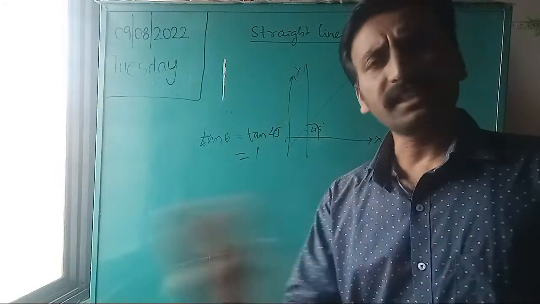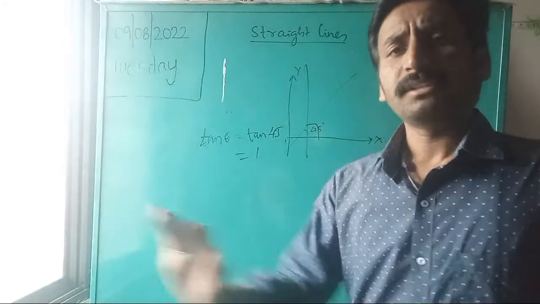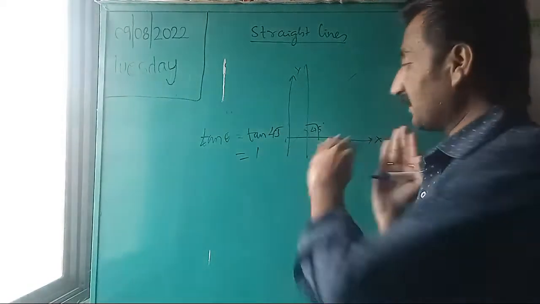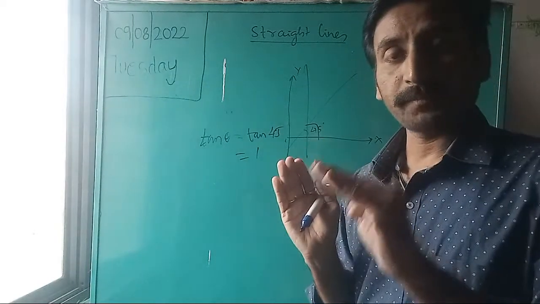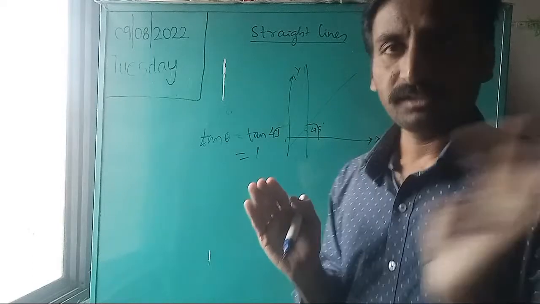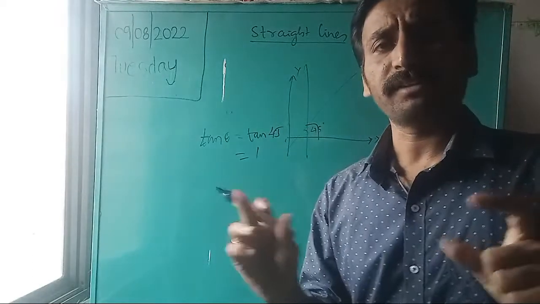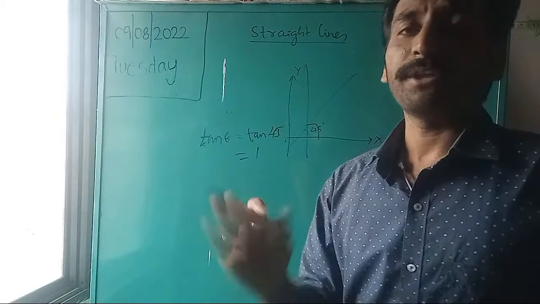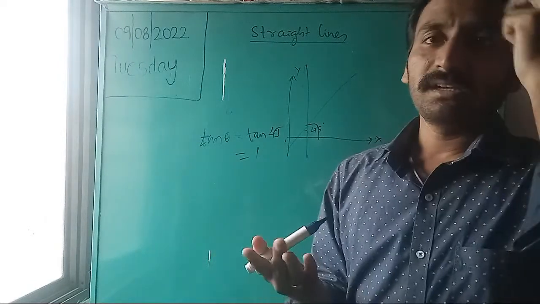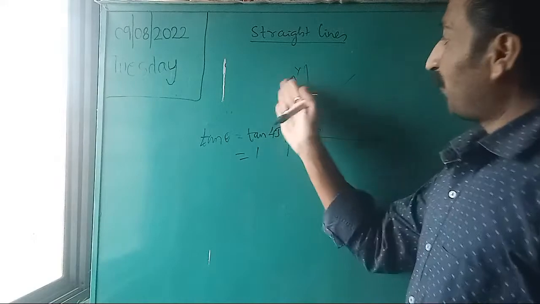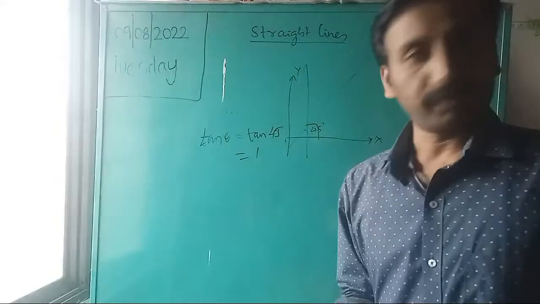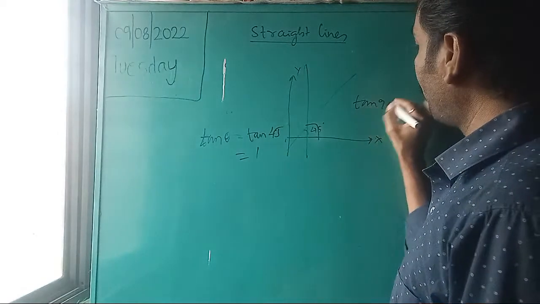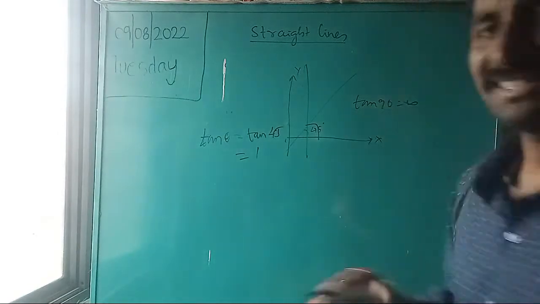Then very easily you can say that when the line is perpendicular to the x-axis, the slope is not defined. You can also say that for a line parallel to the y-axis, slope is not possible. So tan 90, slope is not defined. You can say it is infinity also.